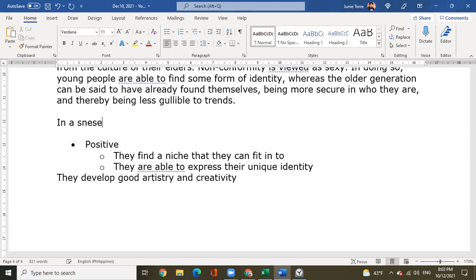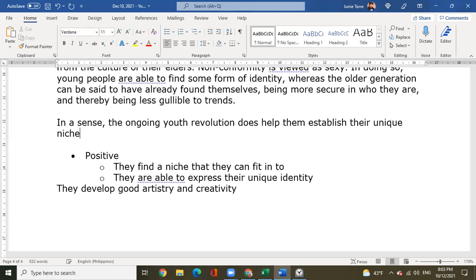In a sense, the ongoing youth revolution does help them establish their unique niche in a complex society. There.